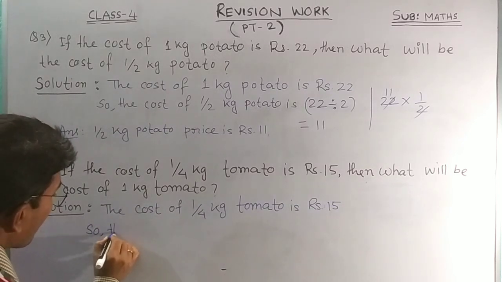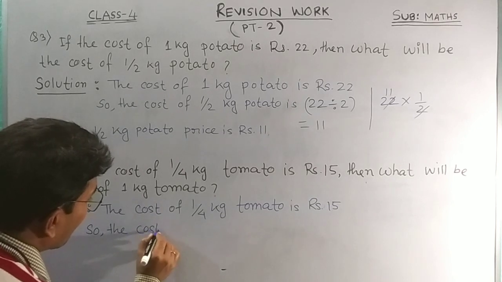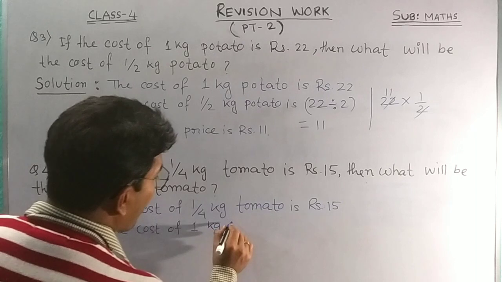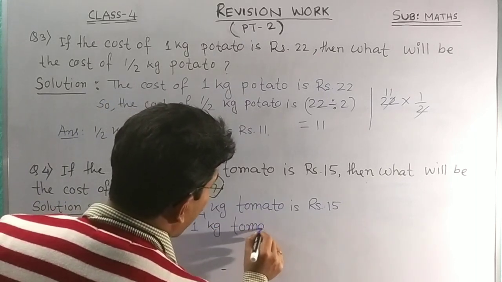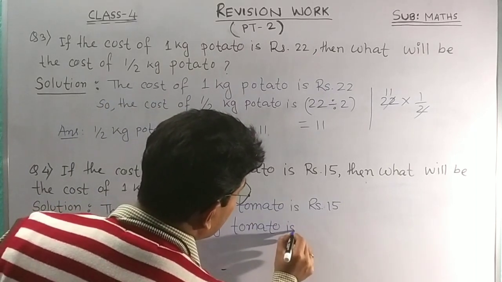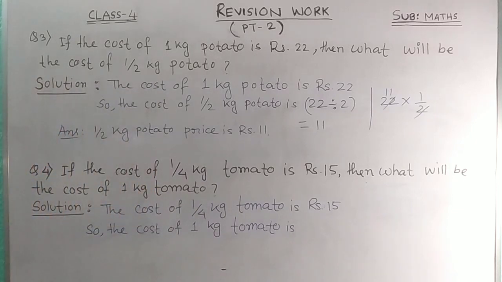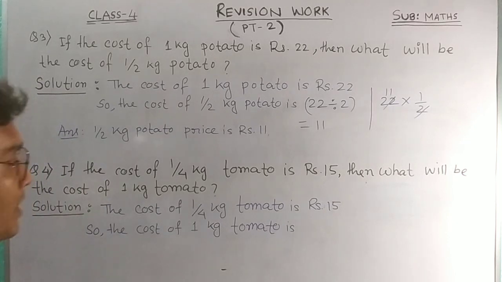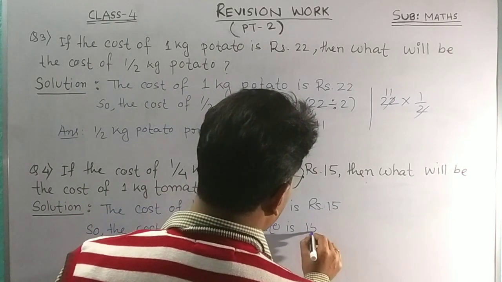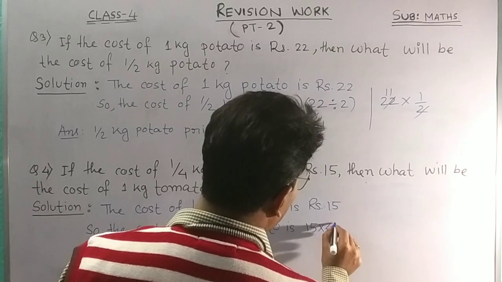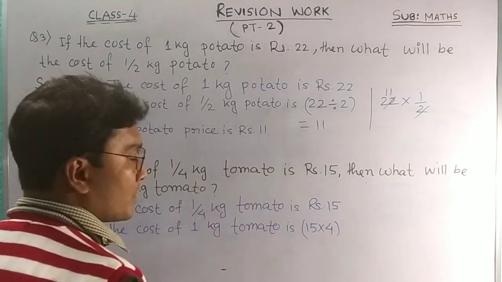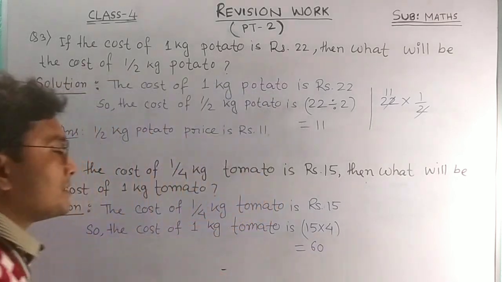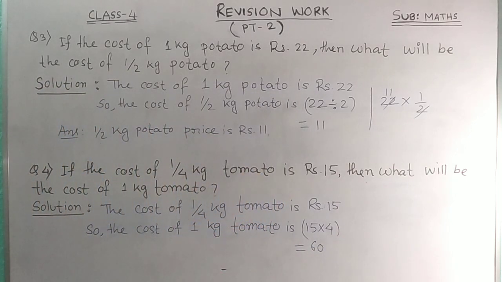So the cost of 1 kg tomato is, what you need to write? Very easy. It is 1/4. That means we know that we have to multiply 15 with 4. Okay, so it will become 60 rupees.